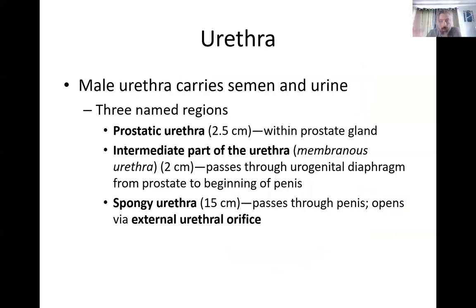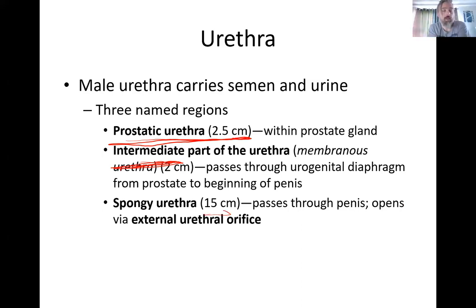The male urethra, on the other hand, is a little bit longer. There are a lot of different things that go on with it. We have to pass through the prostate, number one. So we have a prostatic urethra, which is not very long, about 2.5 centimeters, a little bit shorter than the female urethra in total. And then we have another 2 centimeters that we call the intermediate part, where we connect the prostatic urethra to essentially the base of the penis.